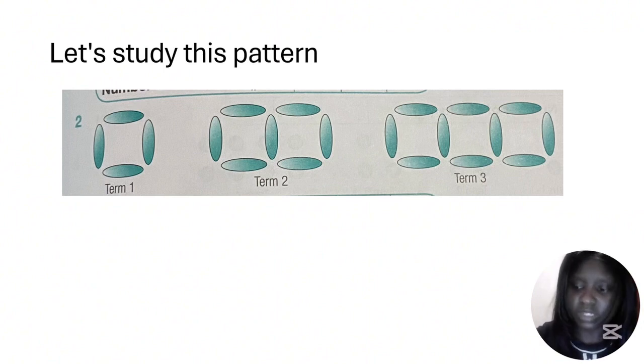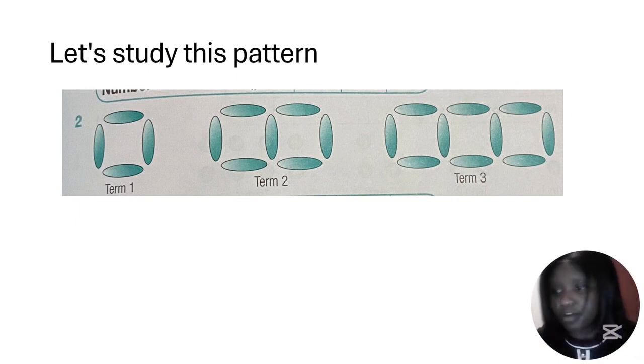So you can say 2 times 4 minus 4 gives us 4. For your second term, which is 7, we say 2 times 7 is 14, minus 7, we get another 7.